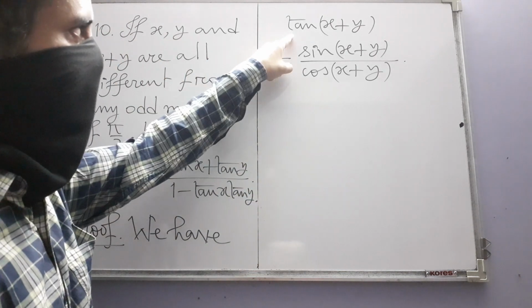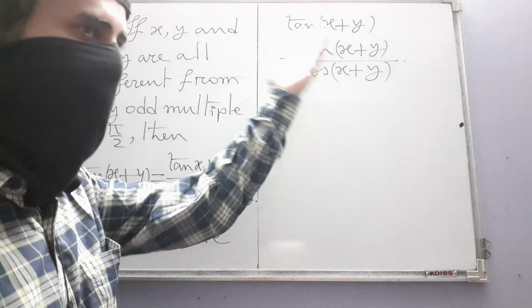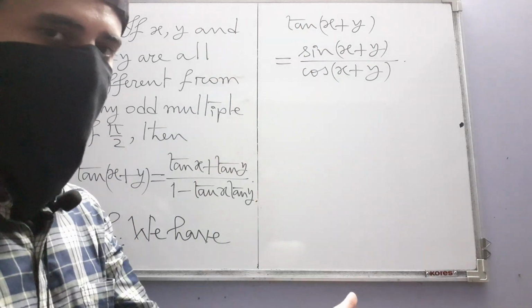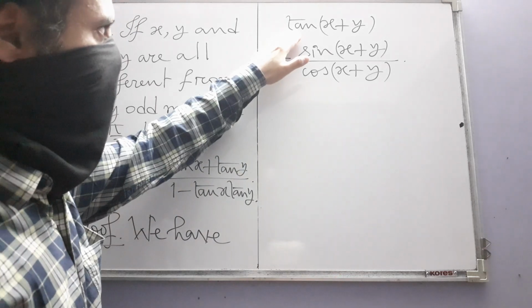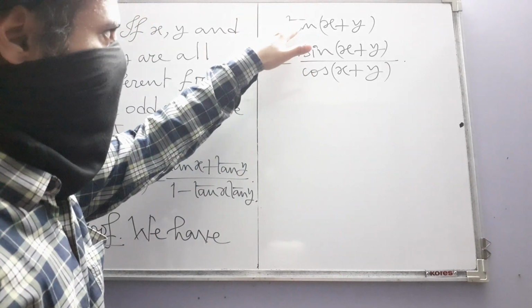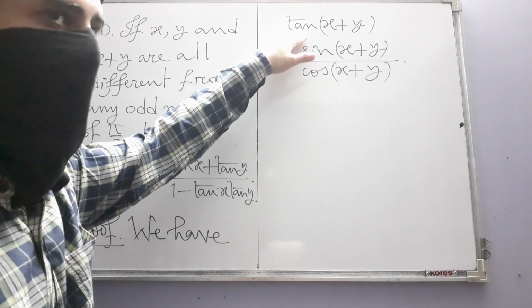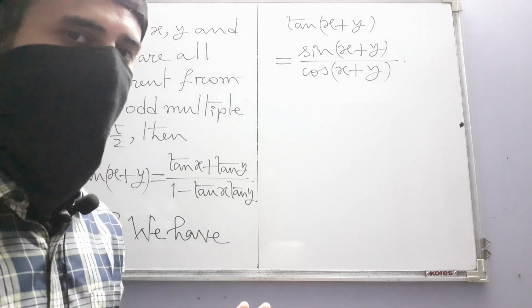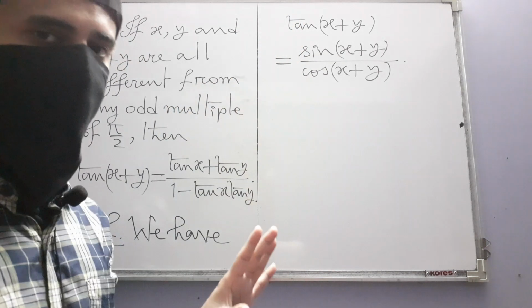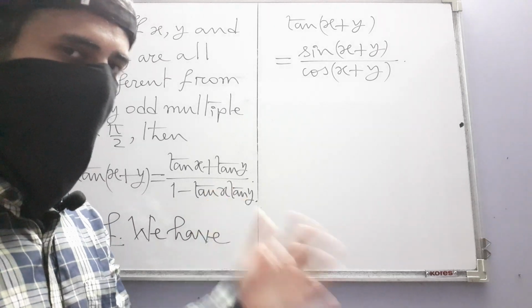Although it looks like something different, something I don't understand, a feeling comes like that. But never forget that tan is just another way of writing sine divided by cos. That's it. If you do not lose track of these things, maths will be very easy.